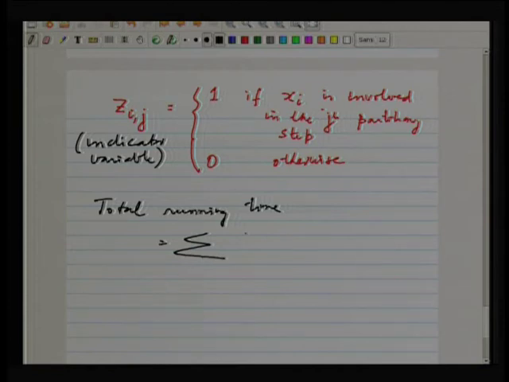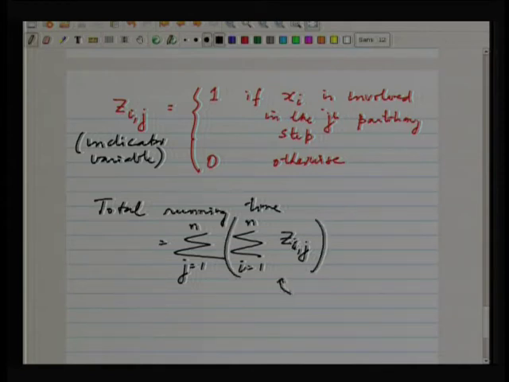So, over all elements, over all partitioning steps, right. So, let us first look at the partitioning step, j equal to 1 through n, i equal to 1 through n, and z_ij. So, the inner sum corresponds to the total cost of a partitioning step.